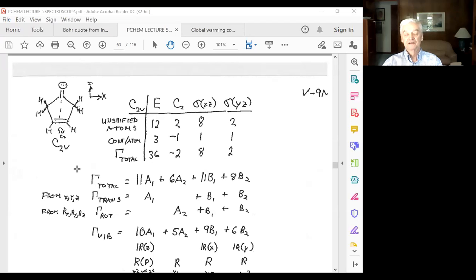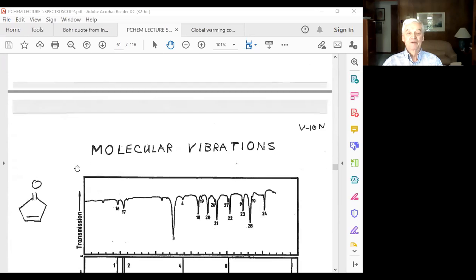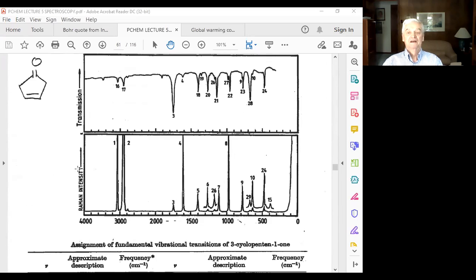And I found this molecule to be an ideal example for showing you what kind of vibrations you have. I'm going to say some things first, but after I discuss it initially, I'm going to show you the spectra, and I'm also going to show you dynamic models of these vibrations.